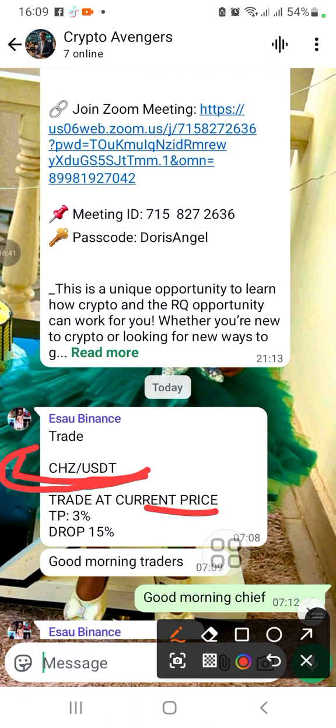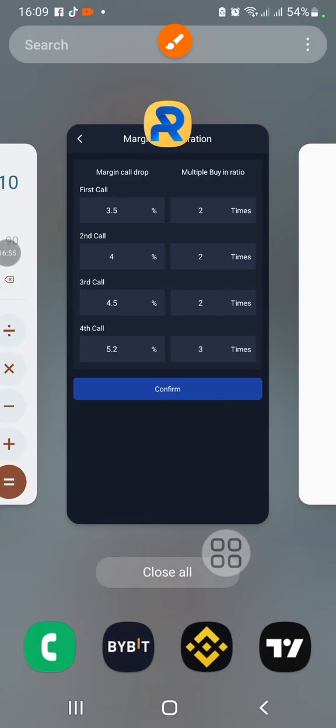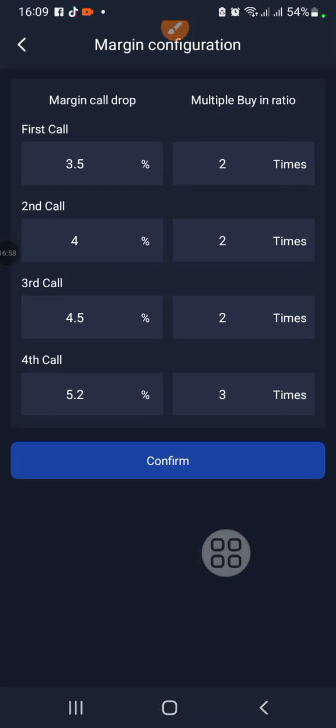We've already set the 3% where we put the 3.01. And now we are looking at the drop. They've told us that this coin might drop 15%. So we come back to our RoyalQ. They drop here 15%, and we have 4 margin calls.